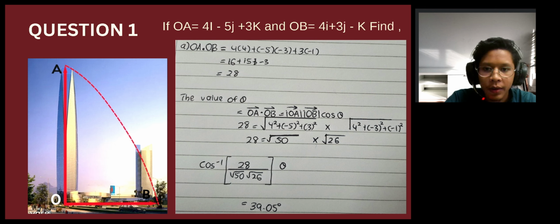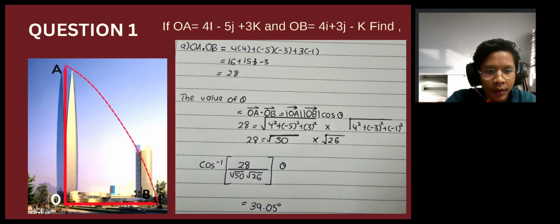Since we can find vector OA dot vector OB from the slide here, we only need to know the magnitude of vector OA and the magnitude of vector OB. That is, the magnitude of vector OA is root 50 and the magnitude of vector OB is root 26.